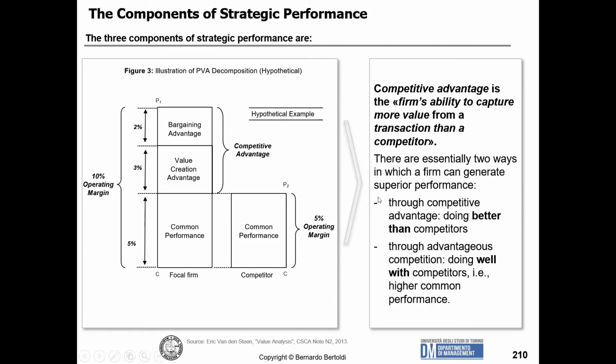Or you can join an industry and, cooperating with your competitors, increase the common performance. So there is also an option of competition in which the overall value the industry gives to the customer is increasing. Again, you want a concrete example.